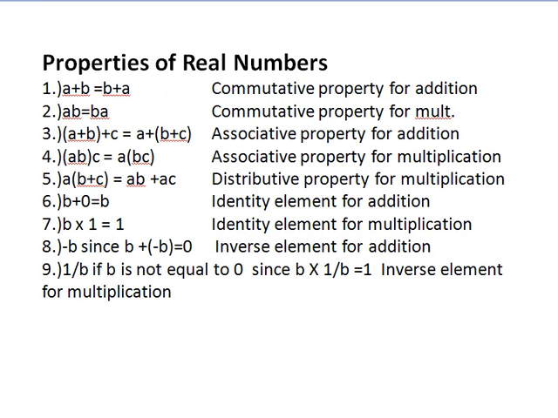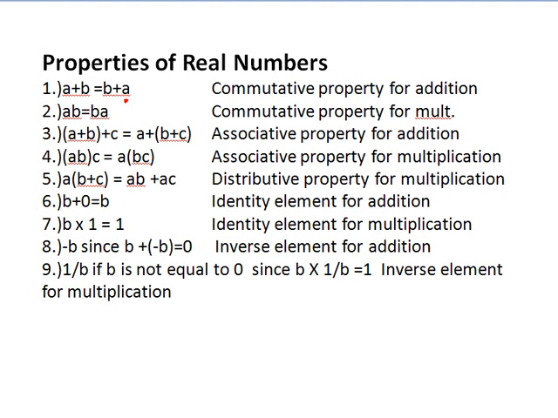Okay, we want to go a little bit further in this section and talk about the properties of real numbers. Now you'll need to pause the video and really look at these in order to see what they're doing. We have the main ones. The first one, a plus b equals b plus a.